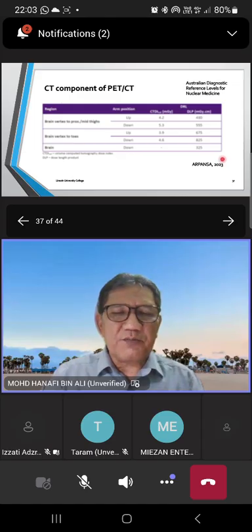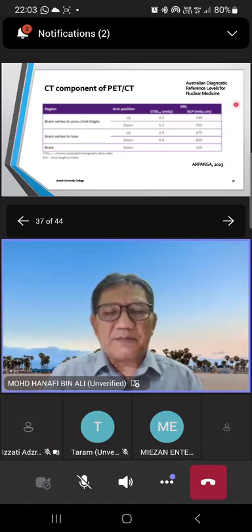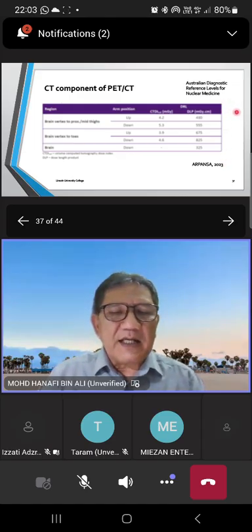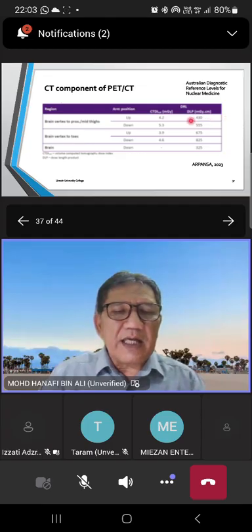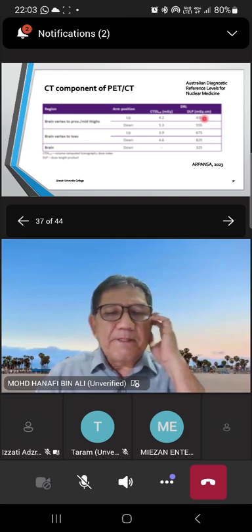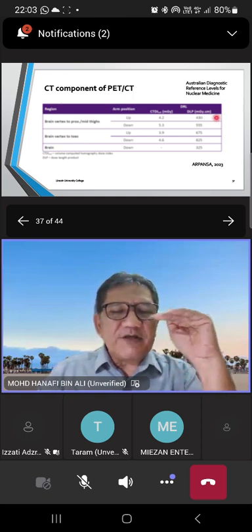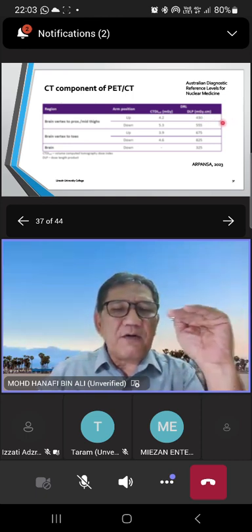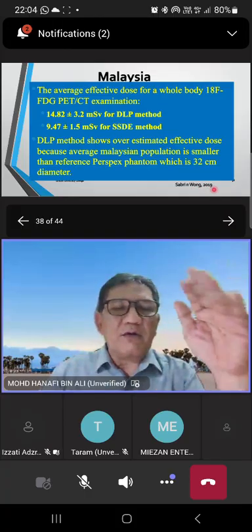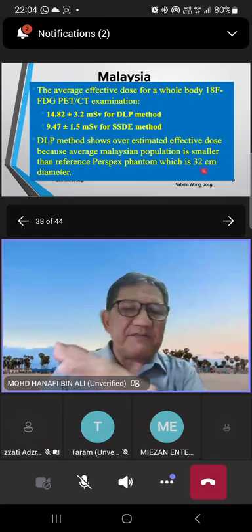I copied this from different presentations. But ALARA, as low as reasonably achievable, means we try to use the dose in a practical way, or evidence based.